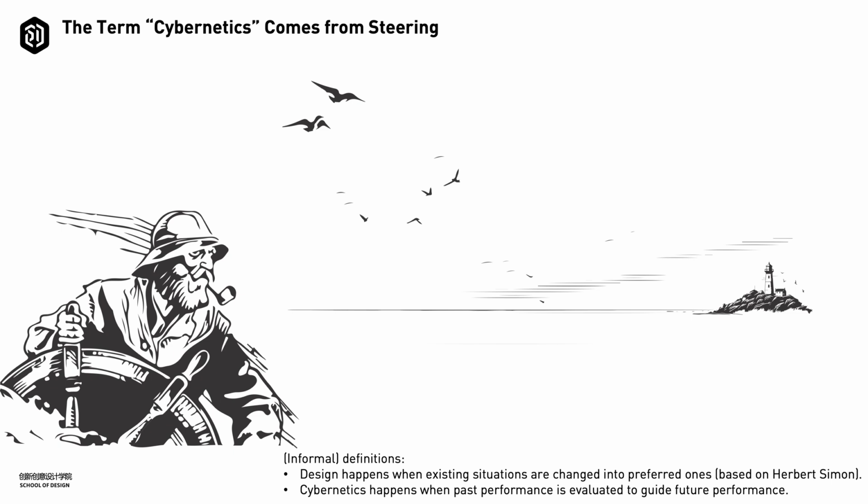From these definitions, we already see that both are interested in something that changes over time. That's one of the major commonalities that makes these two fields compatible with each other. Most people, when they hear cybernetics, think about control systems, control engineering, and technical processes.